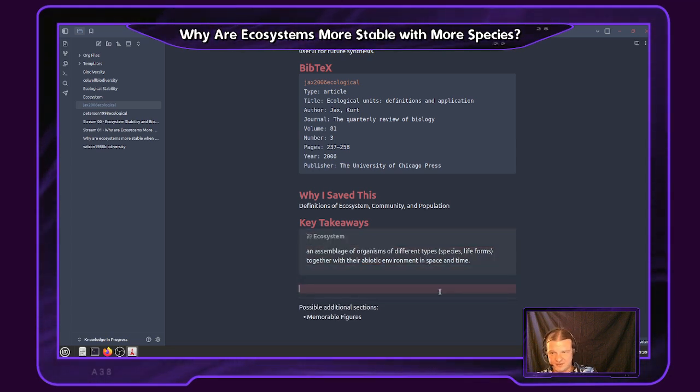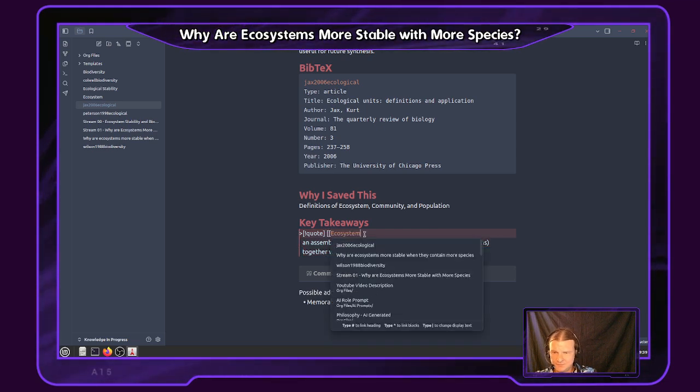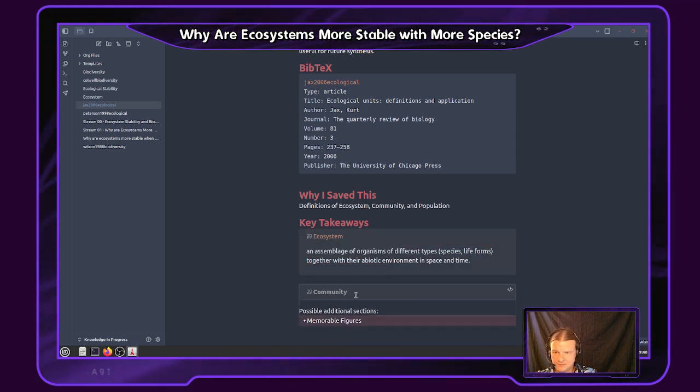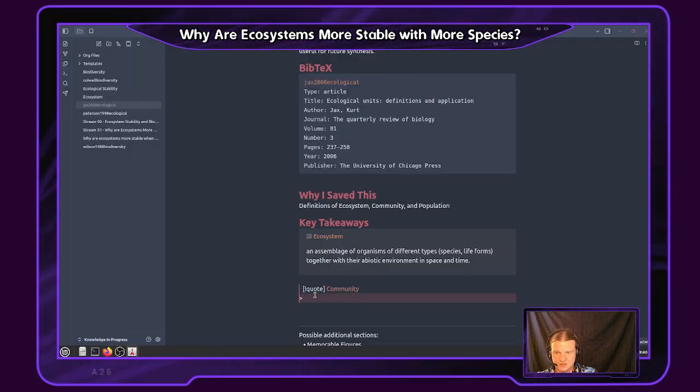And we'll do the same thing for community and population. And we can create links to notes that don't exist yet. We'll get the definition for community. And if we ever need the community note, this will link to it automatically.